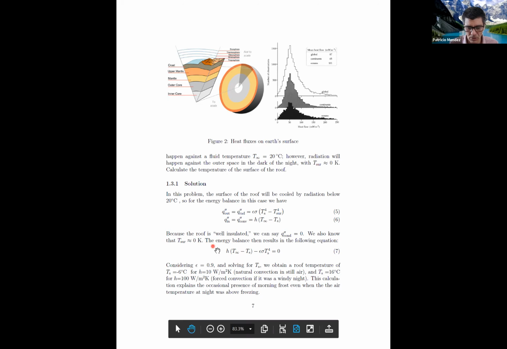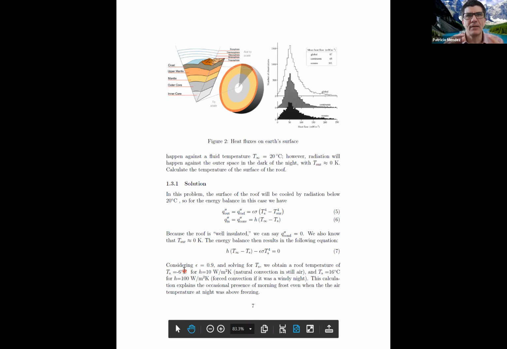The convection coefficient, let's say there is no wind, so it would be natural convection, a convection coefficient of 10 watts per meter square Kelvin. And what we get in this case is that under natural convection, the surface of the roof would be at minus 6 degrees.